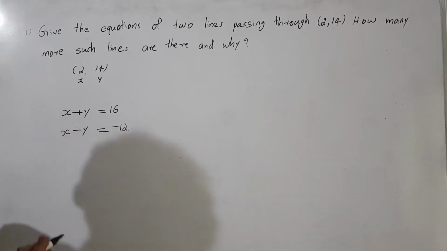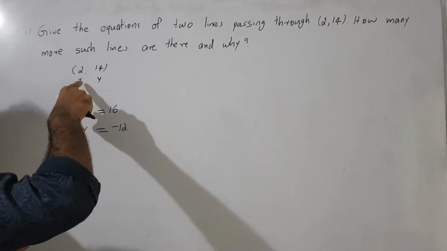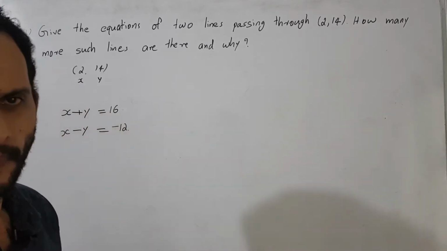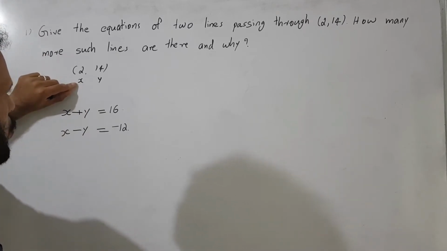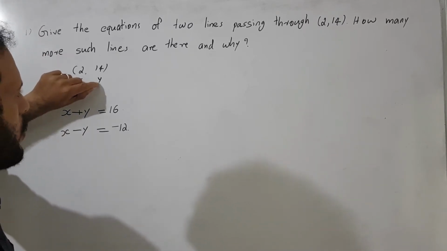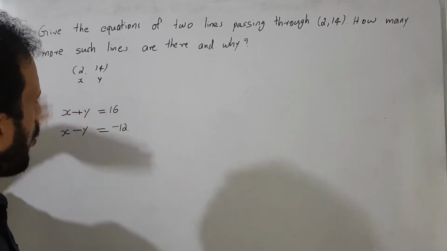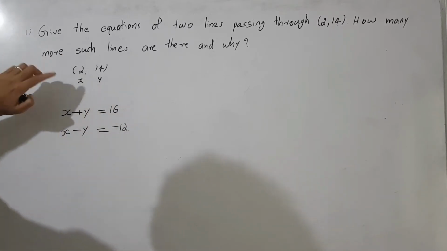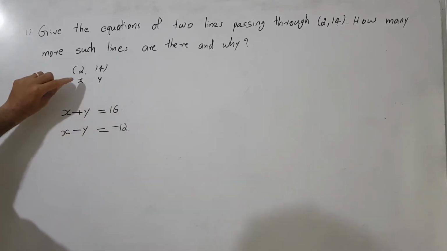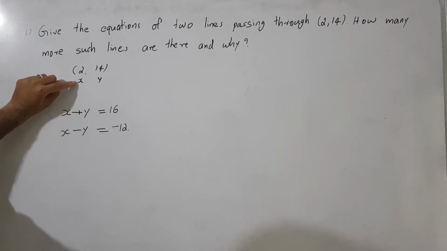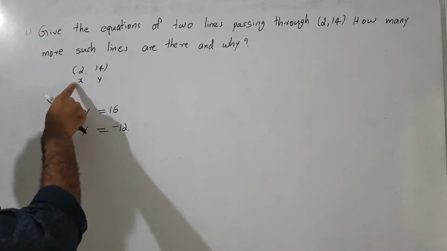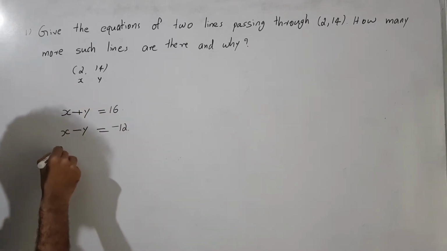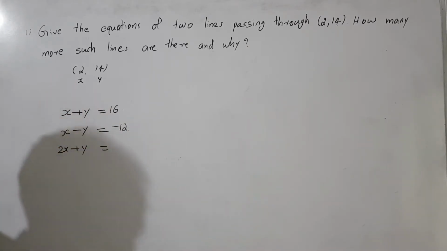How? I just multiply x with 2. I multiply x with 2 and y with 1, or we do not multiply anything with y, we just multiply x with 2 and add y. Then what is the change? 2 into x, 2x plus y is equal to, how to write?